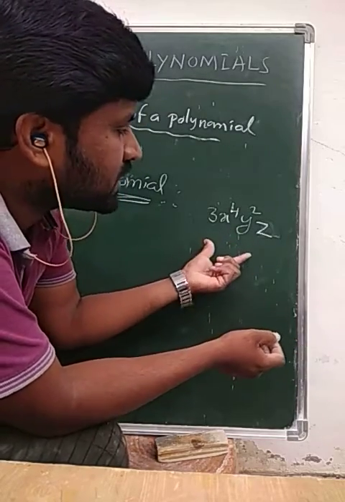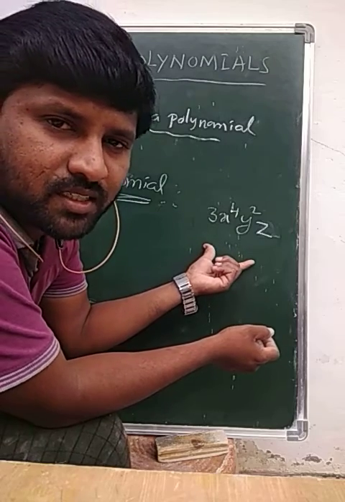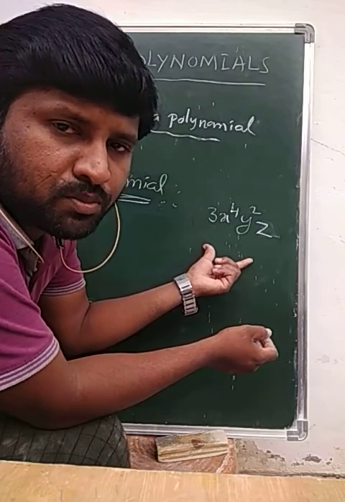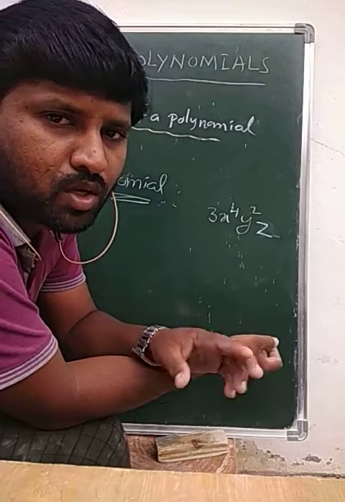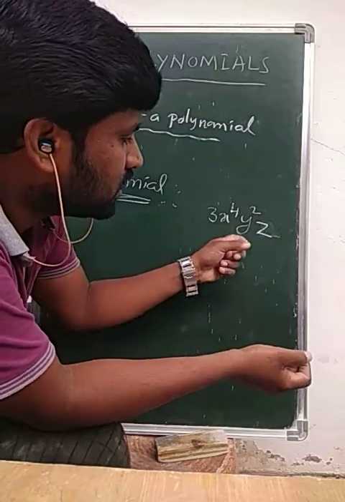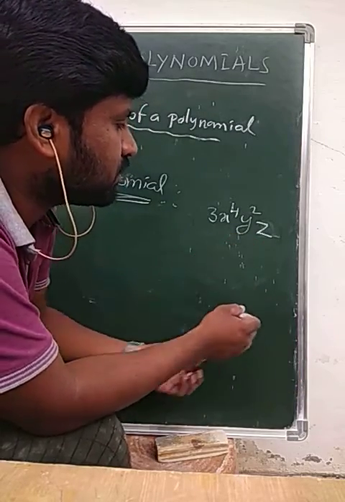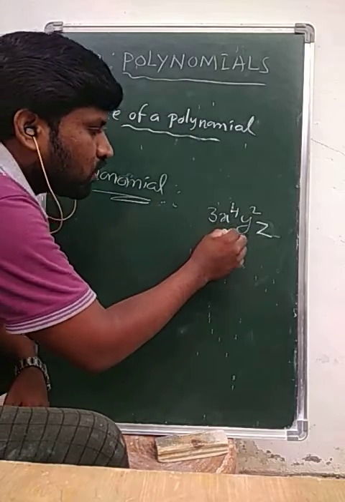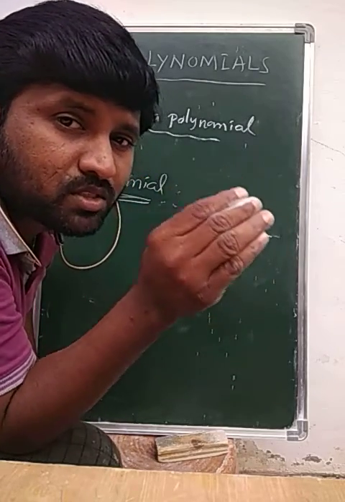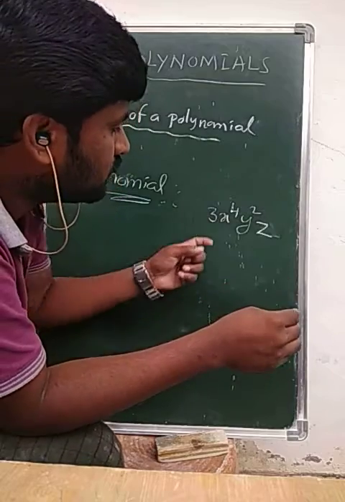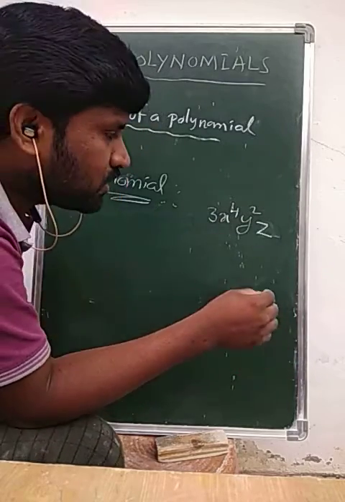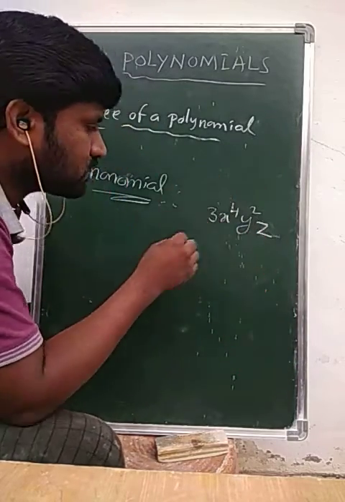Now how to find its degree? Just before, we took only one variable, a polynomial in only one variable. Now there are 3 variables. To find its degree, you look at the variables involved in this polynomial and add the powers.